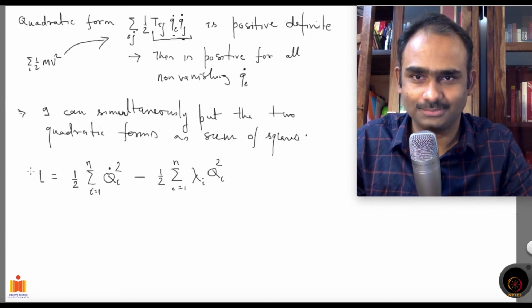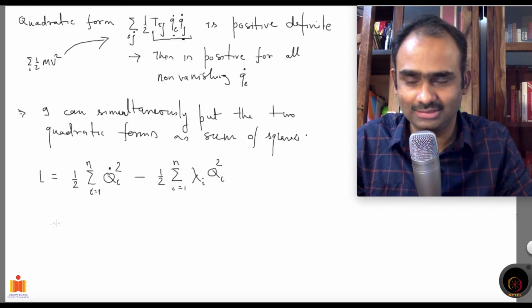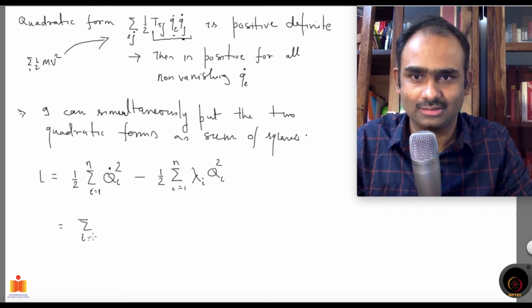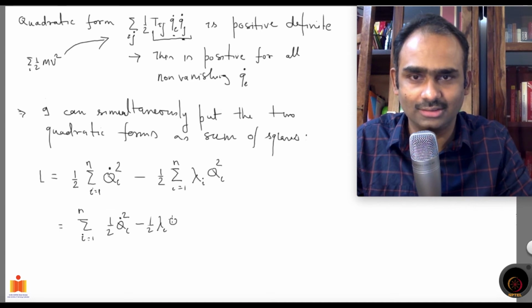Let me put it slightly differently. Let me write it in this way: the sum from 1 to n of half Q̇_i squared minus half λ_i Q_i squared.